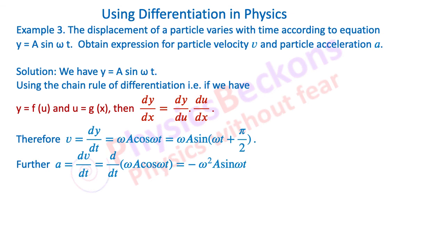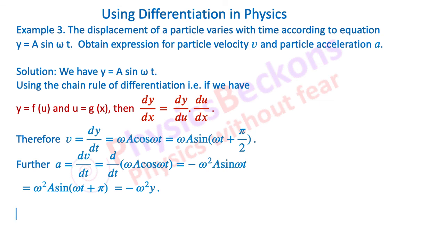Now minus sine omega t may be written as sine omega t plus pi. If you look at this expression, minus omega square can be left aside, and a sine omega t is y. So you can write acceleration as minus omega square y.